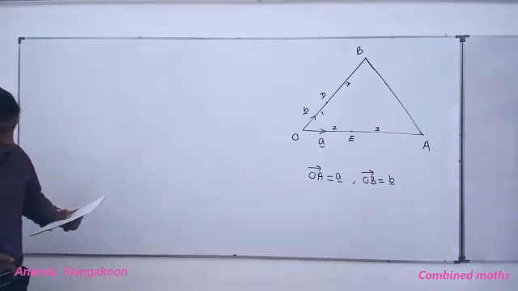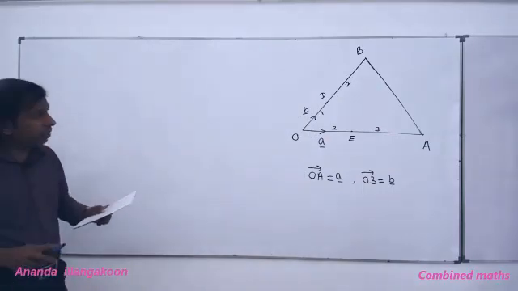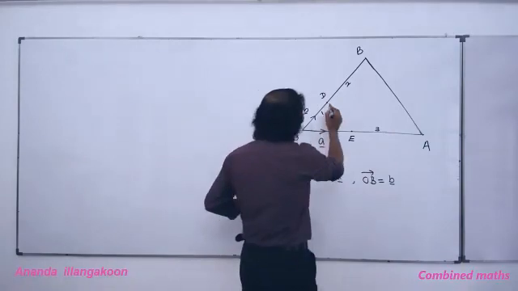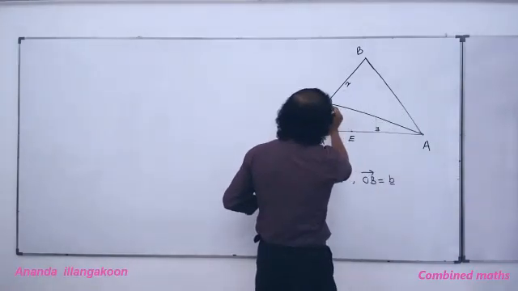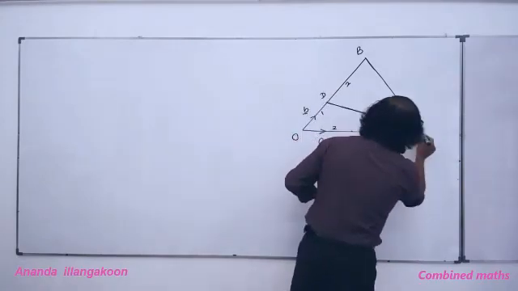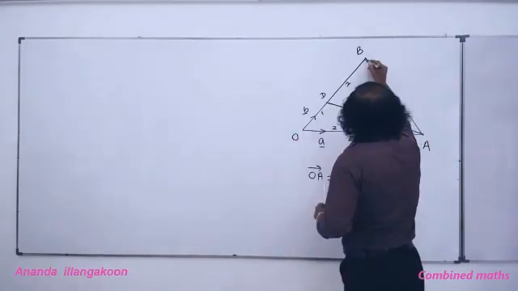The lines AD and BE. AD is this line over here, and BE.